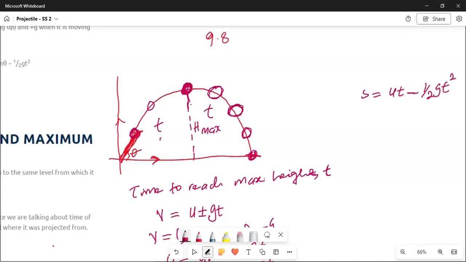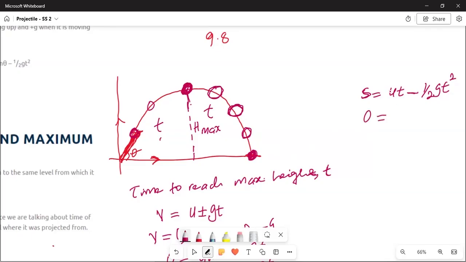Now, this object travels all the way to the maximum height and then falls to the ground. I'm talking about time of flight now, so now it's on the ground. So what is the distance along the vertical axis? Zero, of course, because it starts from here, moves to the maximum point, and then returns to the ground. So the distance along the vertical axis is zero.